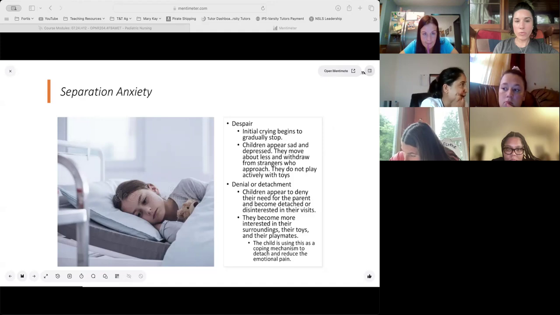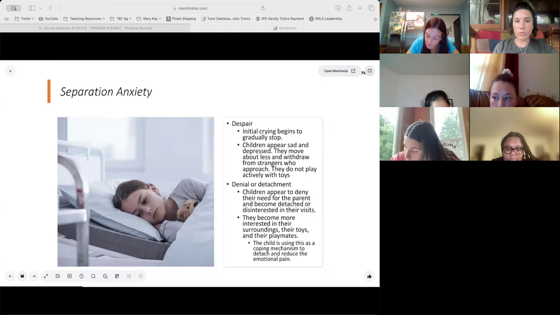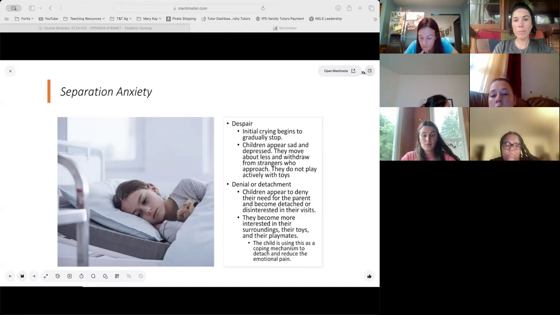After they move through despair, they move to denial or detachment. And this is a coping mechanism that our kids use to deal with the emotional pain of their parents leaving. So they will completely ignore their parents when they return. They will be more interested in whatever they're doing, whoever they're talking to, and they're going to pretend like their parents don't even exist.